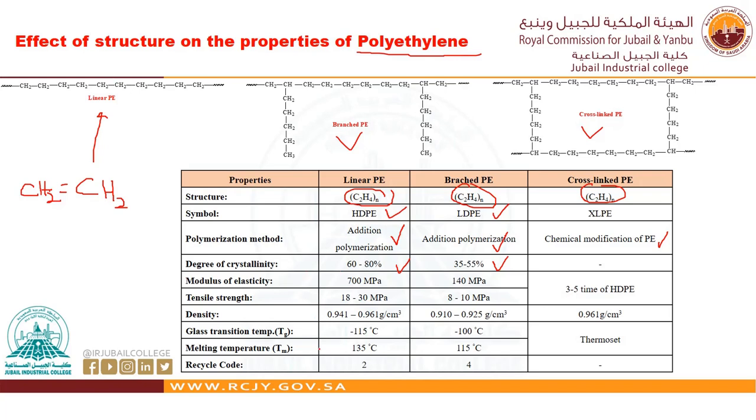The linear polyethylene is called high density polyethylene, and it has a recycle code of 2, while this one has a recycle code of 4. But what is important here is that the linear and the branched are thermoplastics, while the cross-linked is a thermoset because the chains are connected through strong covalent bonding.